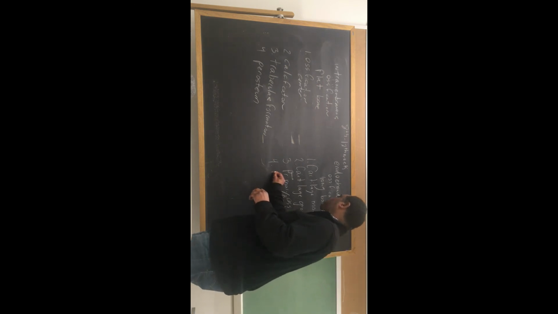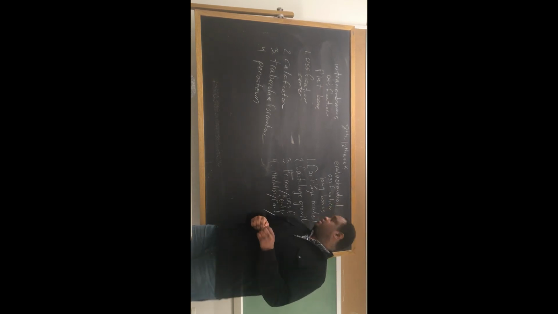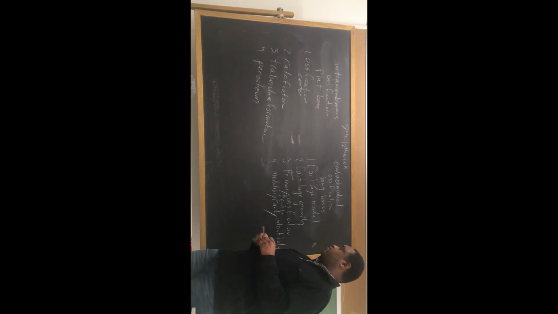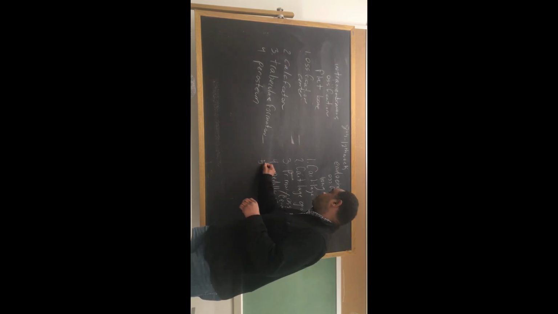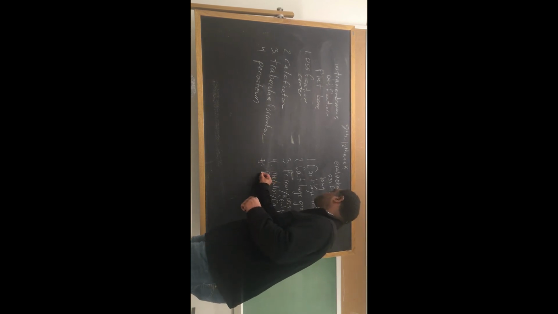So what's going to form at the 4th step is what we call a medullary cavity. And then in step 5, we're going to have a secondary ossification center form.